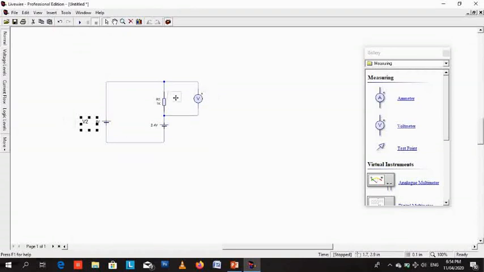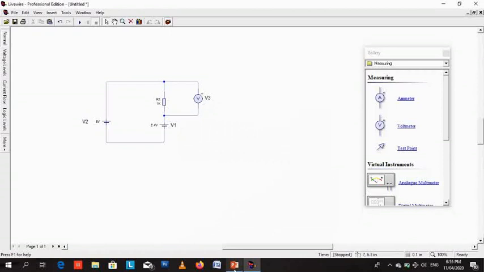We call this V3, V1, then it should be V3 actually. Okay, let's break it down here. The second voltage source should be V1, and then V3 is voltage across the load resistor as measured by the voltmeter.